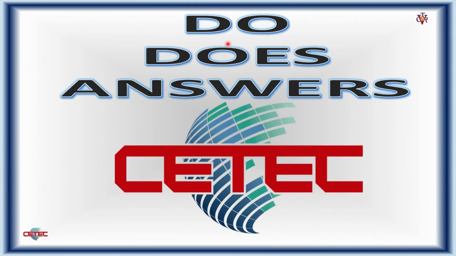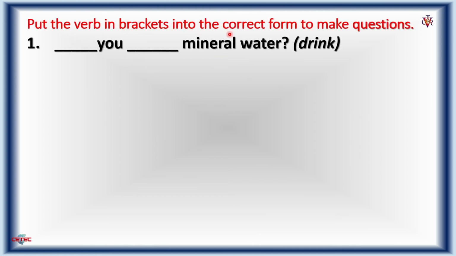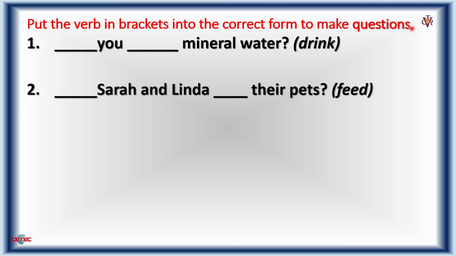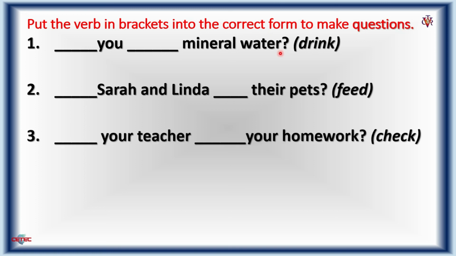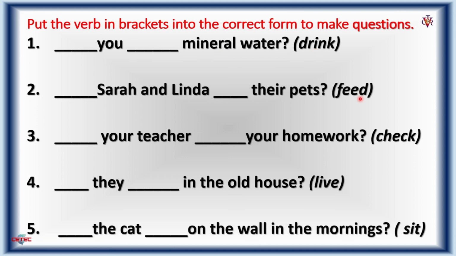Ready. Now, we have to check the do and does answers. Let's see. Homework number 1. Put the verbs in brackets into the correct form to make questions. Here, the verbs: drink, feed, check, live, sit. Let's see sentence number 1.